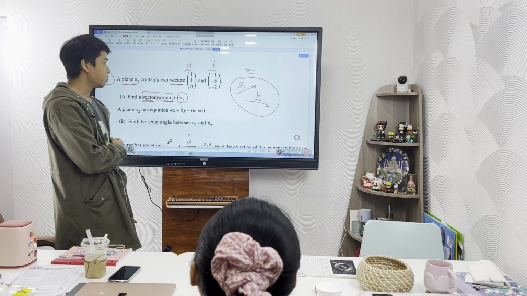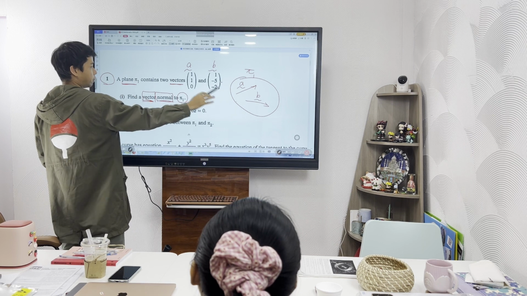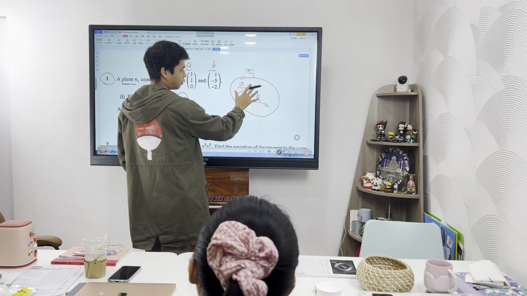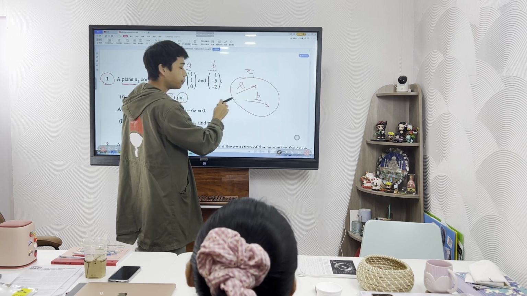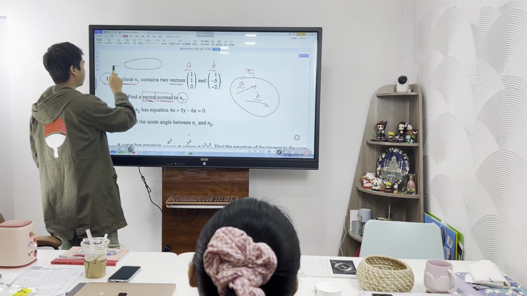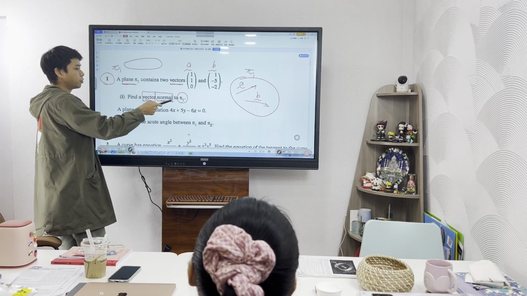If you imagine this as our top view, and we look at it like this, this is pi 1. How would you draw a vector that's normal to pi 1?